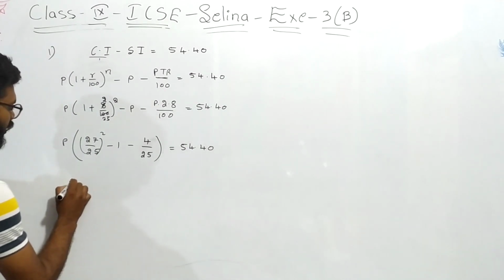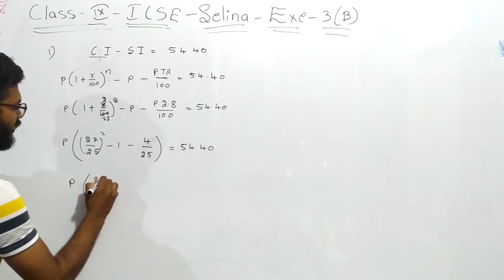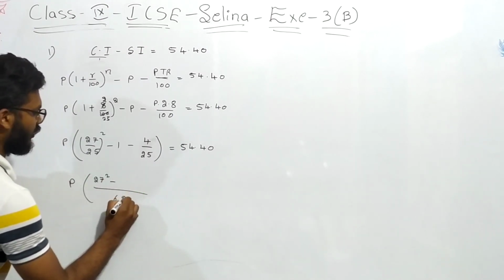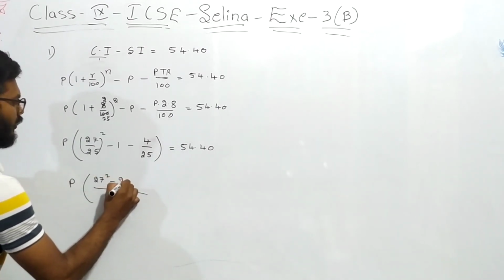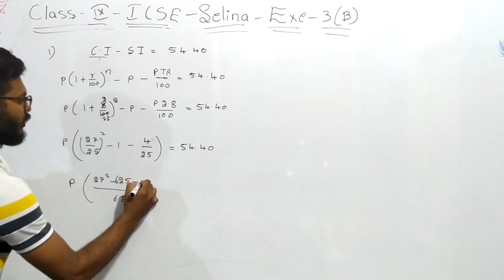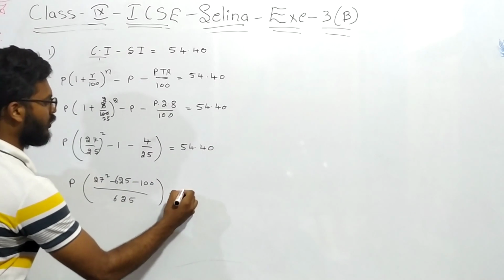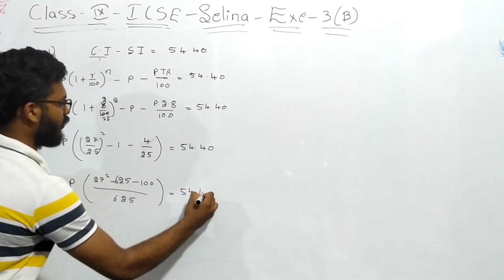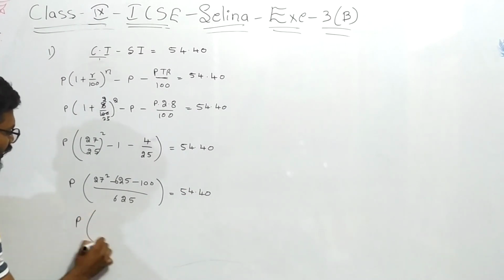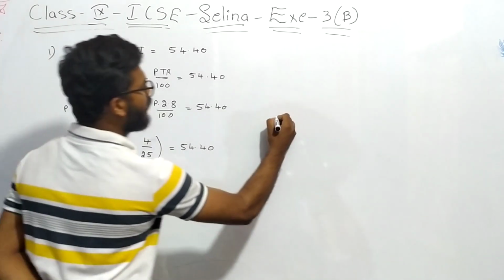So here P into (27 square minus, LCM is 25 square, so it is 625) minus 25 into 4, it is 100, is equal to 54.40.